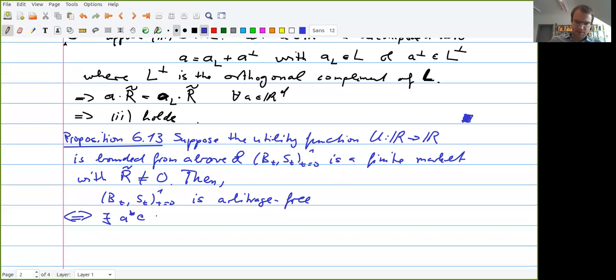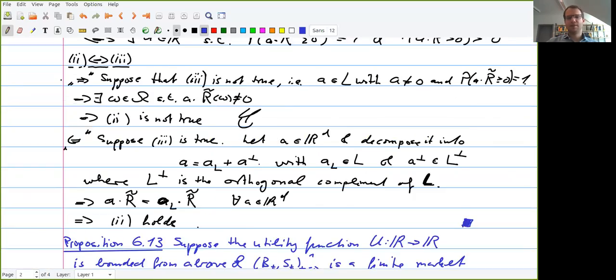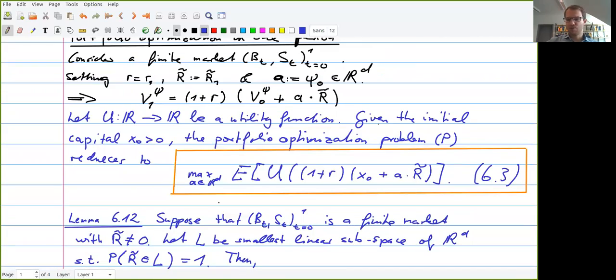So there exists a theta star in R^d solving (3.6.3), so this is our optimization problem P. So this means we go back to this optimization problem here, with the existence of a theta star which attains this maximum.